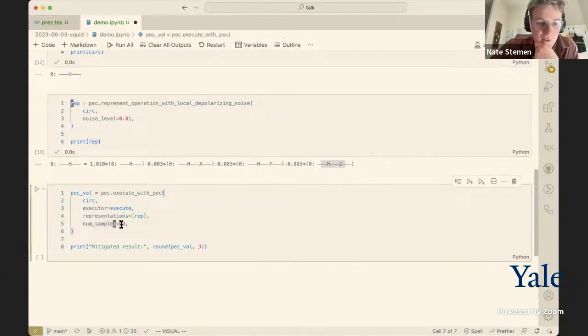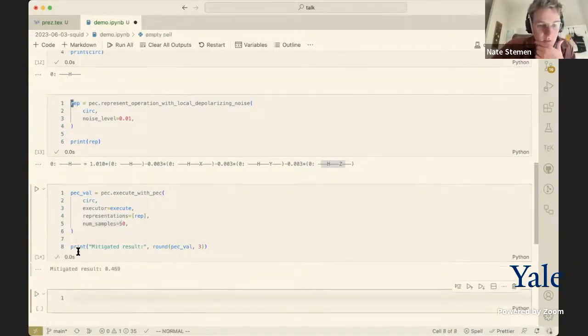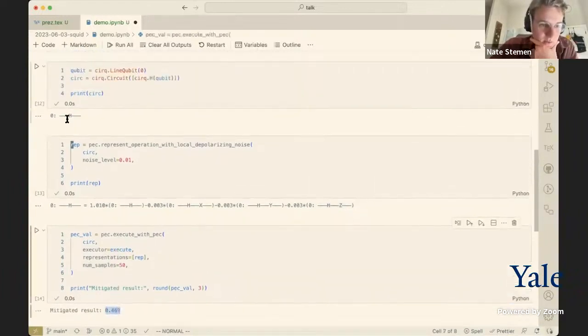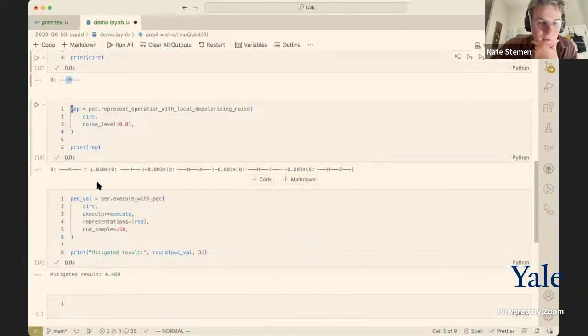And then the number of samples is how many circuits to run and sample from to generate your expectation value. And you can see when we run this, we get 0.469. Since it's Hadamard, it really should be 0.5, but there we go. That's how you use probabilistic error cancellation using Mitiq, or at least the simplest possible way to use probabilistic error cancellation in Mitiq.